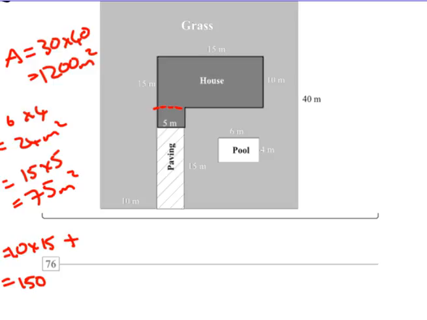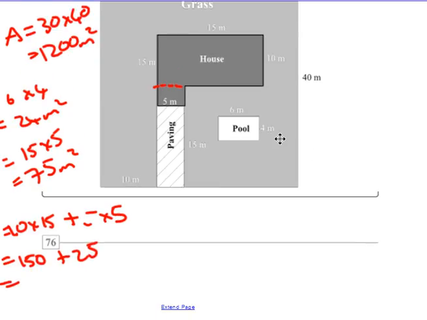Plus, there's also this smaller area underneath, which is 5 across, but do we know what it is down? If the whole thing is 15 and that is 10, that extra bit must be 5. So it's 5 by 5, which is 25. And 150 plus 25 is 175 square meters.